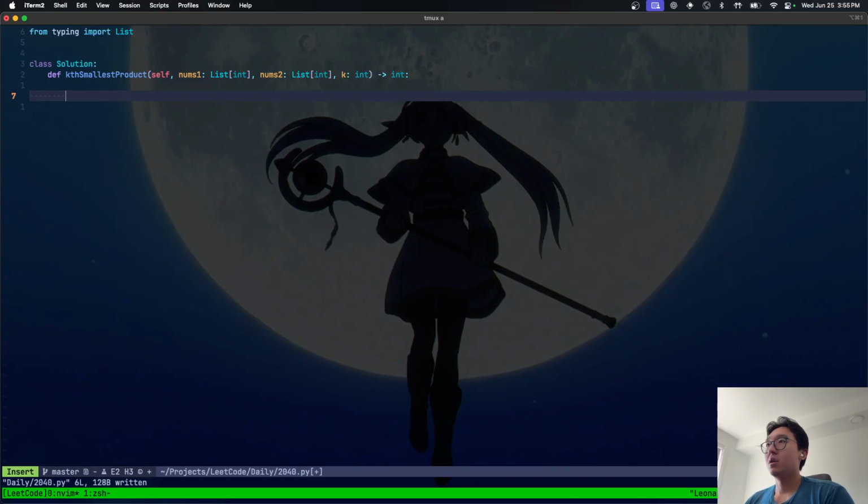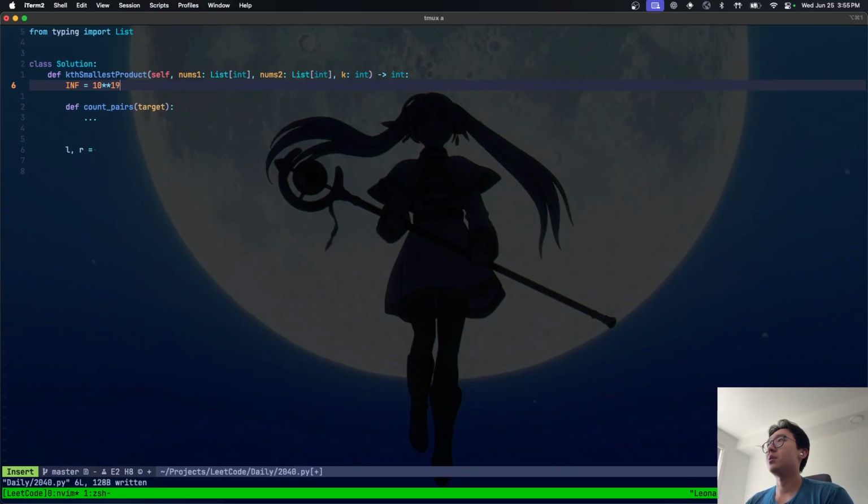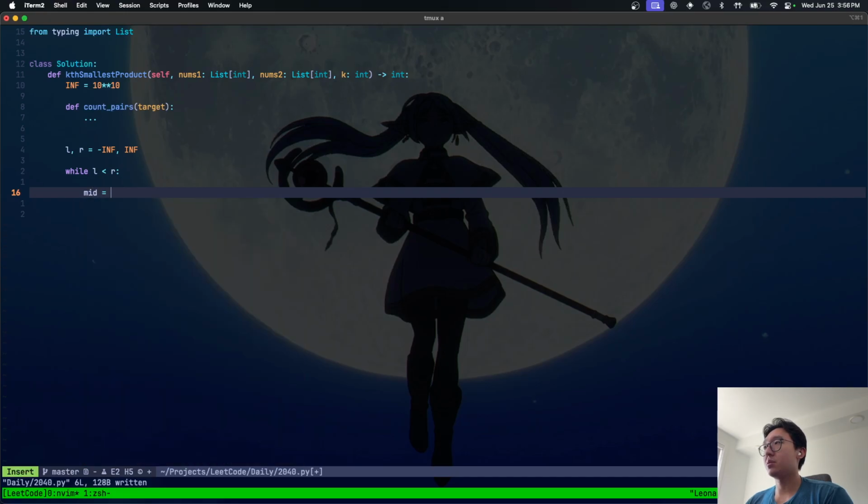Okay, so let's do def count pairs. That would take the target, and then we can implement this later. Then we can do left, right, with left going to be minus n, and while left is less than right, mid is going to be left plus right.